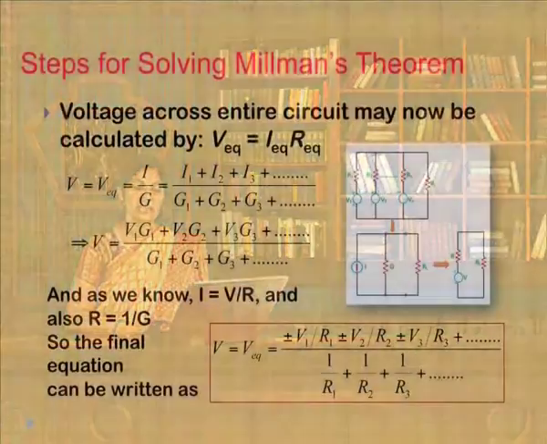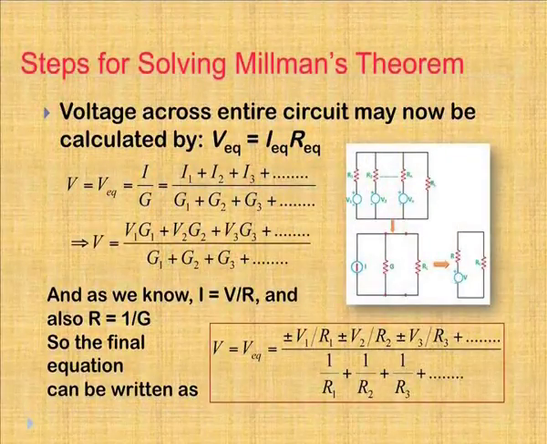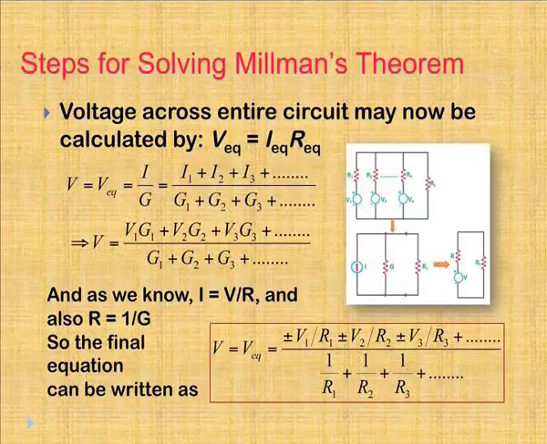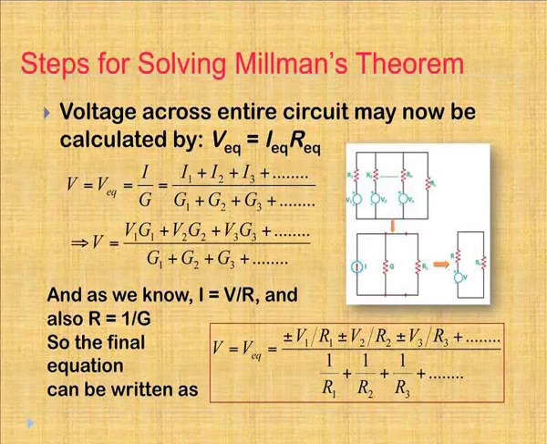Now, we can convert this current source equivalent into the voltage source equivalent by using the source transformation theorem. So, finally, we get the equivalent voltage as IEQ multiplied by REQ, or we can directly find the equation for the equivalent voltage source. We know that the equivalent voltage is nothing but the ratio of current to conductance.